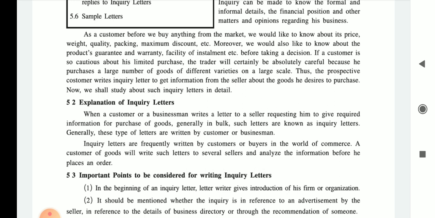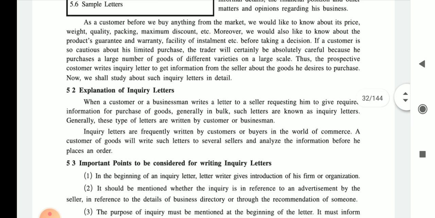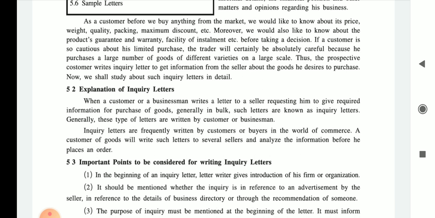And then you will decide where to purchase from, how to purchase, and which product should be purchased. So while purchasing even a little thing, you make so many inquiries.